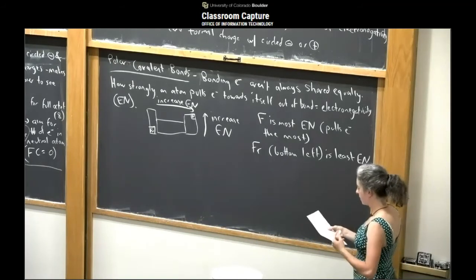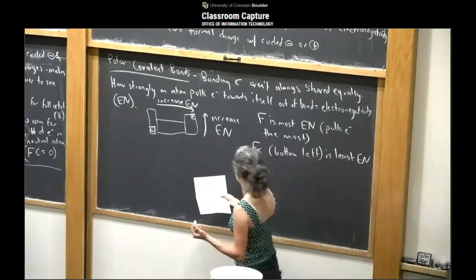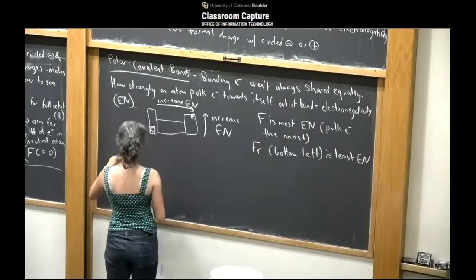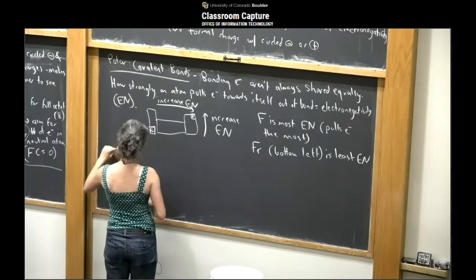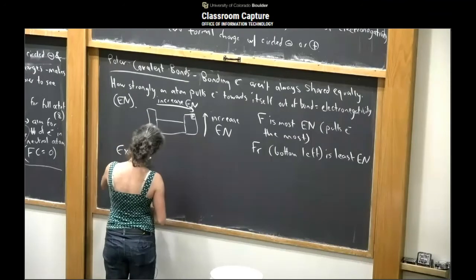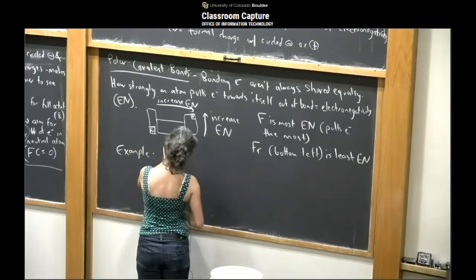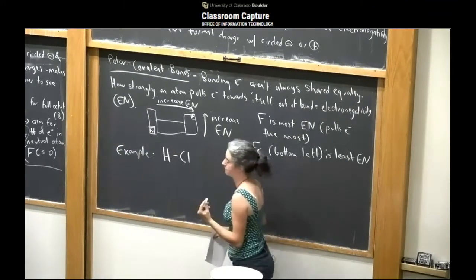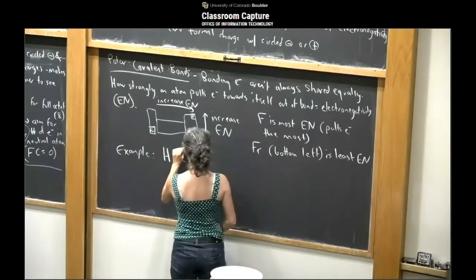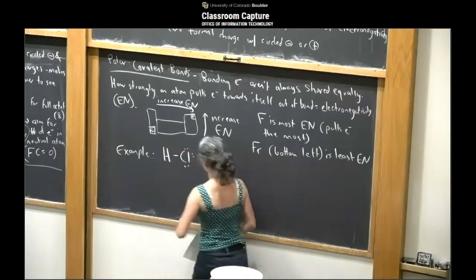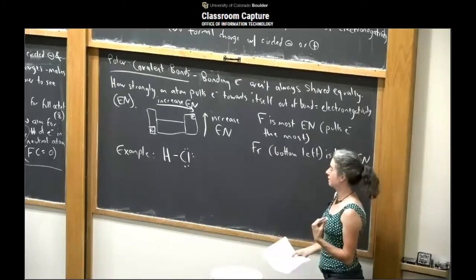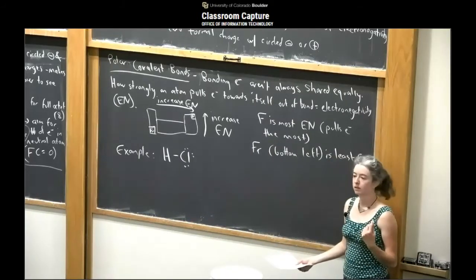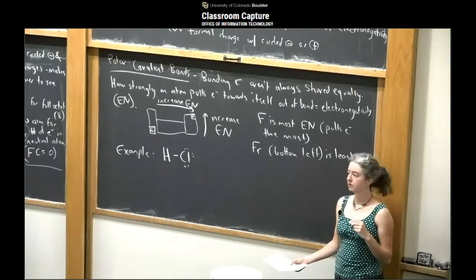Okay, so for examples of an actual bond involving this, say we have a single bond between hydrogen and chlorine. I guess just for the sake of completeness, to get the full octet on chlorine, we also have 3 lone pairs on it. Did I see a hand go up a second ago?